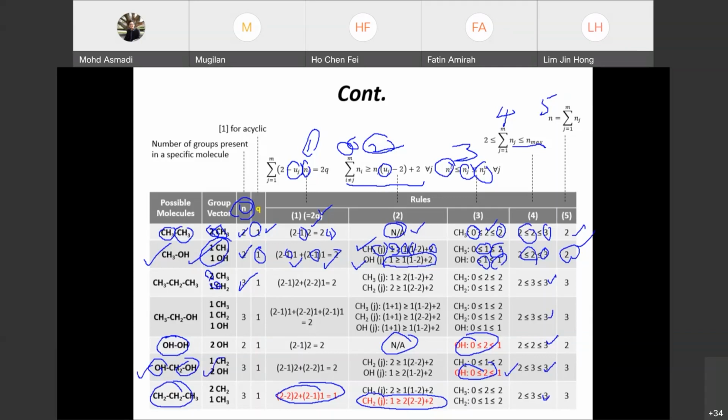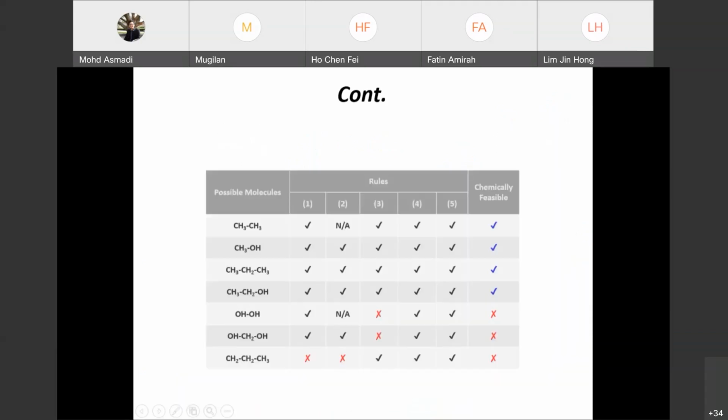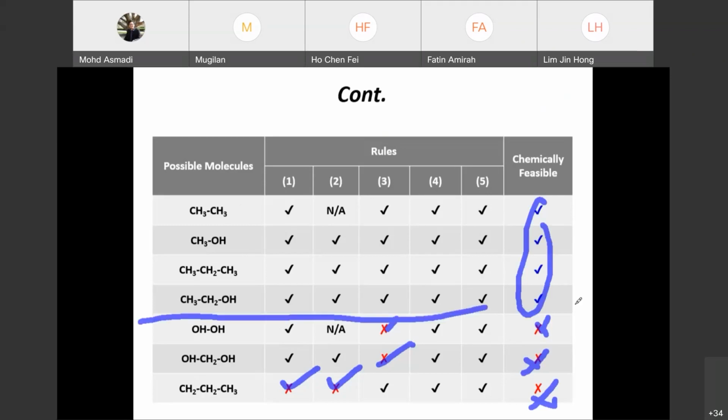From this table we can summarize. Since this one is red, it is not feasible. Only the blue color is feasible. How many compounds can we form? 1, 2, 3, 4, 5, 6, 7. 7 molecules. So we eliminate 3 molecules, meaning that from these possible molecules we can generate only 4.